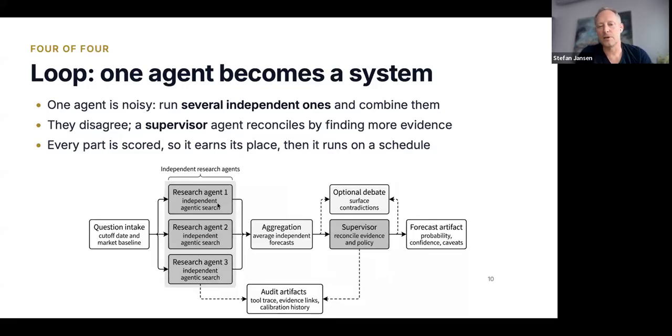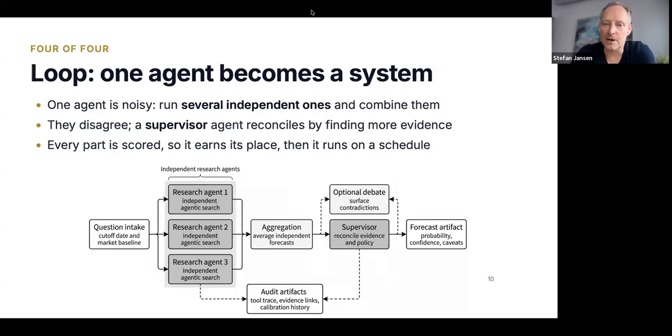Once they decide that the search is complete, then the forecasts are adjusted potentially for outliers, etc. But most importantly, if a supervisor, which is the second type of agent, identifies that there are contradictions or disagreements among these different research agents, then the supervisor itself can inspect the output of the research agent, so not just the forecast, but also the case they are making, and can try to drill down to identify what are the reasons that lead different agents to different conclusions. And then it can try to resolve these differences.